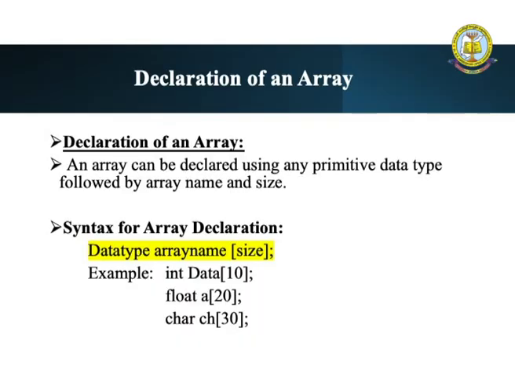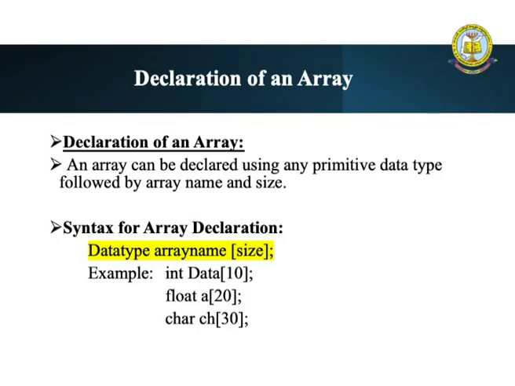And coming to how to declare an array in the program. The declaration of an array can be done by using any primitive data type, like integer, float, character and double. Primitive data type, followed by the name of the array, which is given by the user or programmer, and followed by the size of the array in square braces, followed by a semicolon.